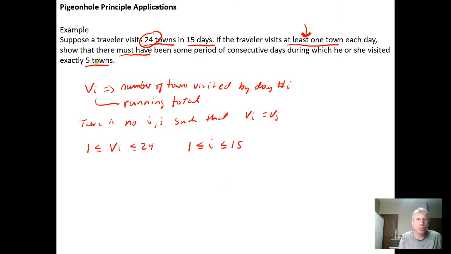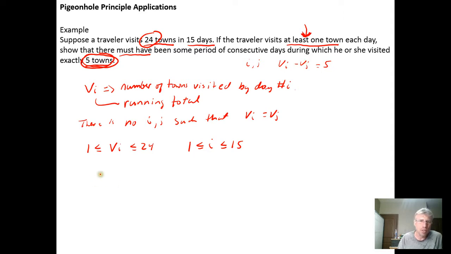And then I want to identify that there was a period of some consecutive days during which I visit exactly 5 towns. So if I visit exactly 5 towns between days i and j, I need v sub i minus v sub j to equal 5. The change in number of towns visited must equal 5 to show that exactly 5 have been visited over that range of days.